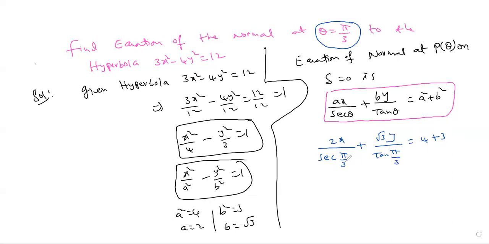Substitute pi by 3 as 60. Secant 60 is 2, so 2x by 2 plus root 3y by tan 60. Tan 60 is root 3. The right side is 4 plus 3, 7. 2 cancels, root 3 cancels. You get x plus y equals 7. So this is the answer for the question.